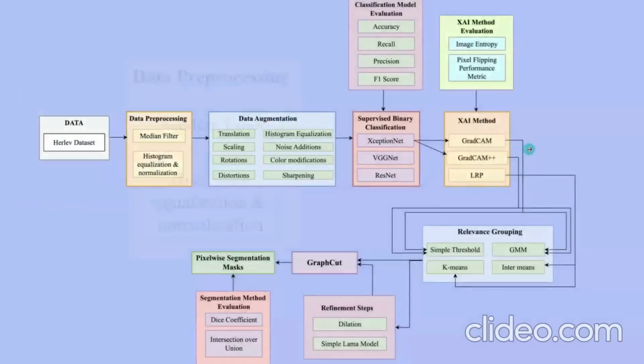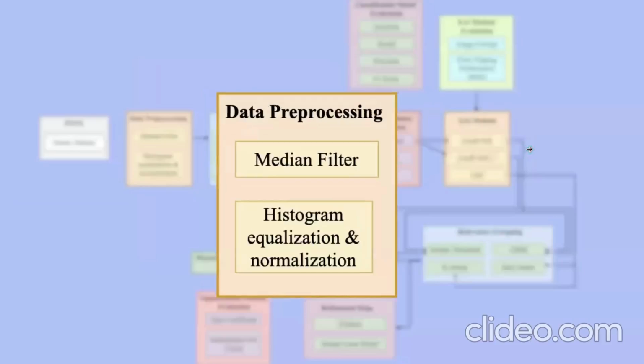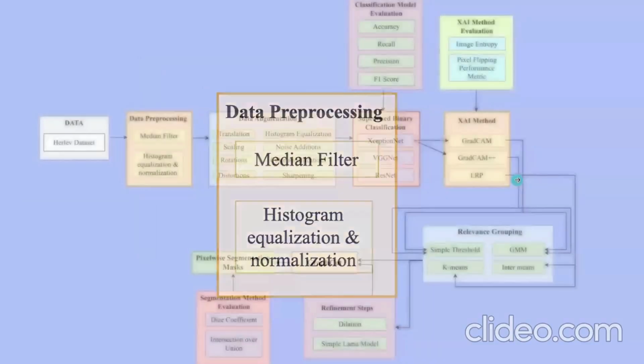For data pre-processing, we resized the images to a uniform size of 224 by 224 pixels. To enhance the image quality, we applied a median filter for noise reduction followed by histogram equalization and normalization to improve contrast. And these enhancements helped us to extract vital information.